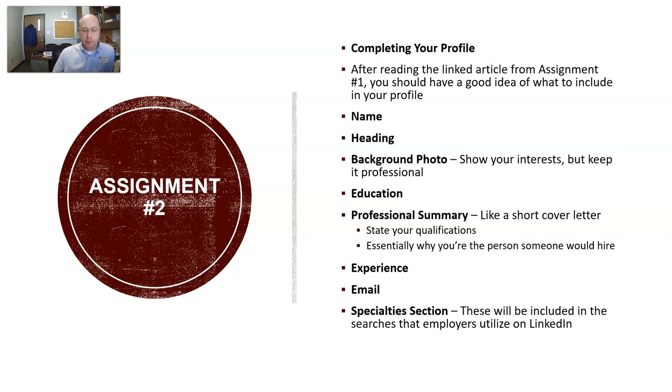Again, I would recommend signing up with whatever email provider you prefer and creating a professional email address. Then you're going to list out a specialty section, and this is different from what the Career Center told you about a skills section. It's similar but different. These are basically the keywords that pop up when employers are searching for people on LinkedIn.